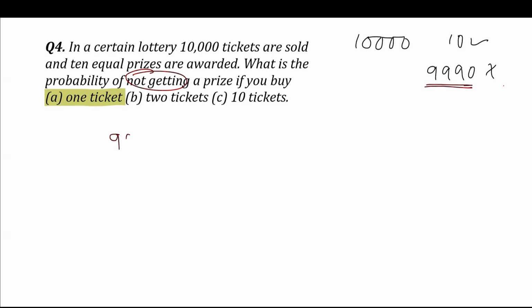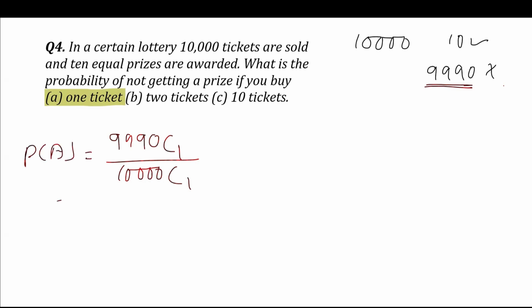That means the total possible selections of 1 ticket from this is 9990 C1, divided by, for case 1 when you are buying 1 ticket, the total possible ways of selecting 1 ticket from 10,000 tickets. So let's say I take this as the probability of case 1, PA. That results in 9990 divided by 10,000, so it can be reduced.